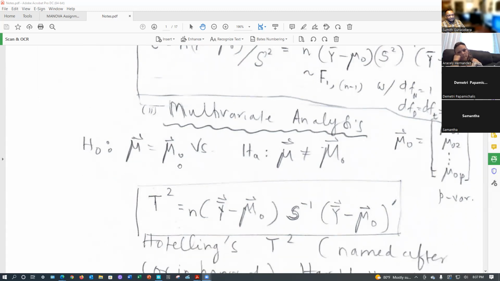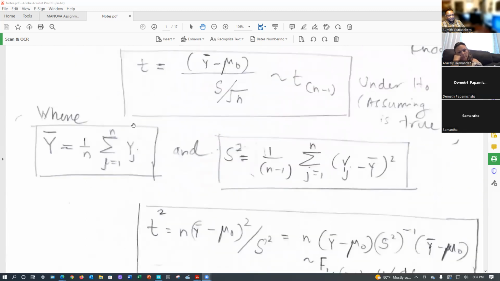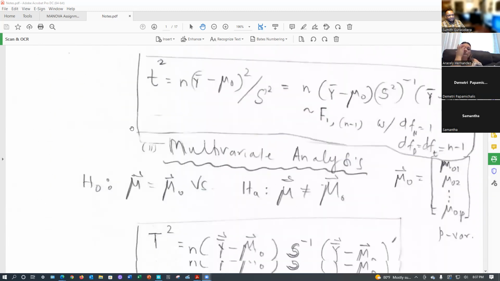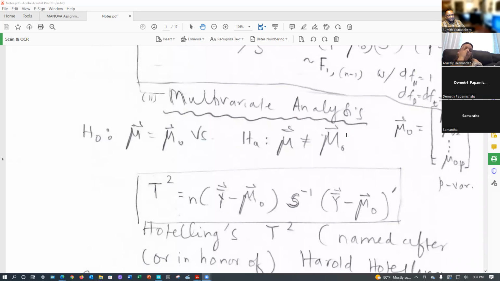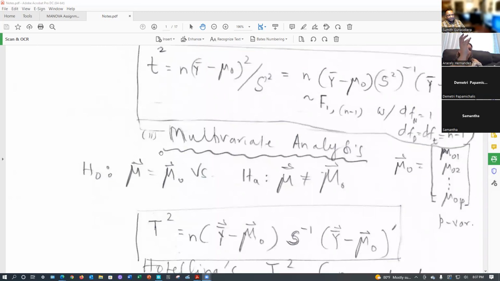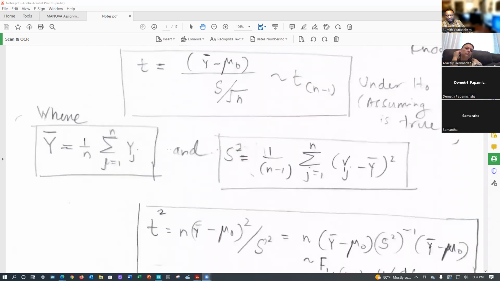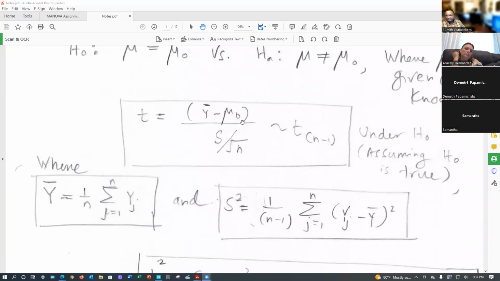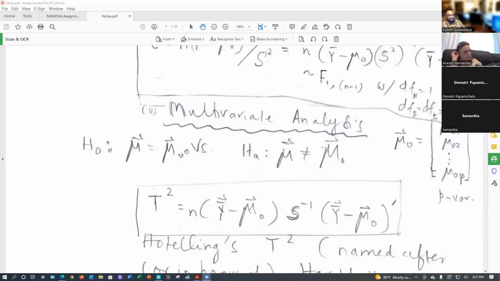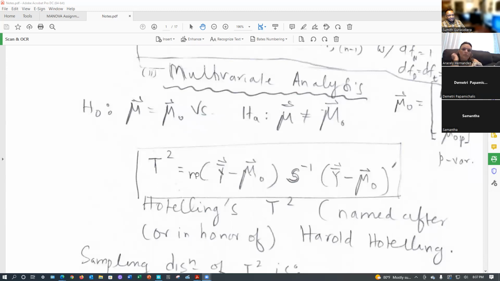This time, for the same thing, I'm going to have a look at its multivariate counterpart. This time, t squared, instead, we don't have a t in this case. Remember, there's no such thing for the multivariate. We start from the t squared, which has n, the number of observations.